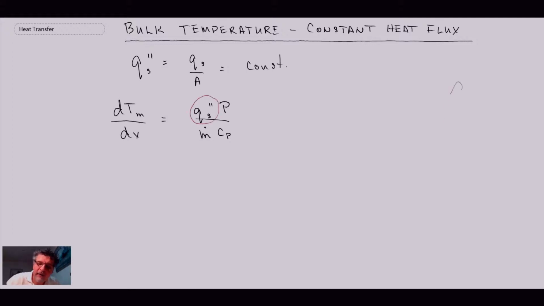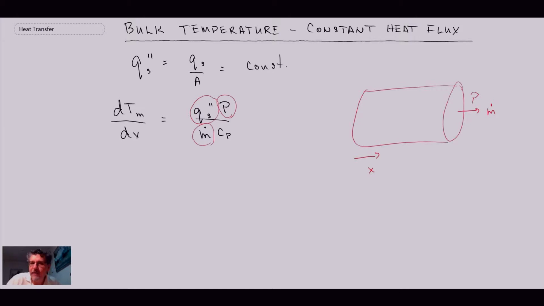If we're dealing with a pipe of uniform cross-sectional area, the perimeter of the pipe is not going to change with length or position. Position x is in that direction. And mass flux is always conserved within any kind of closed duct flow, and consequently m dot is conserved.